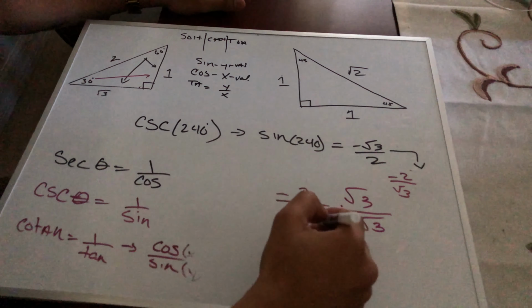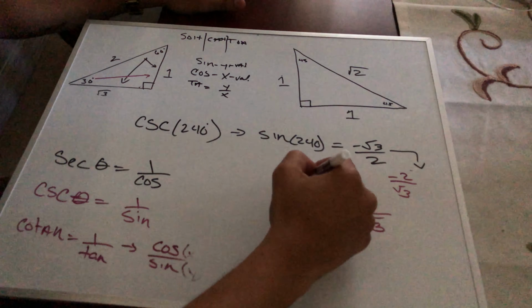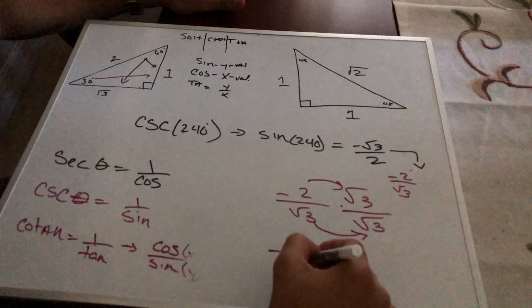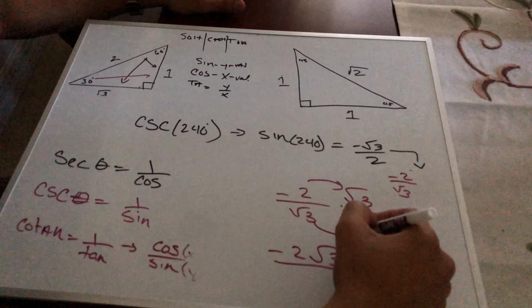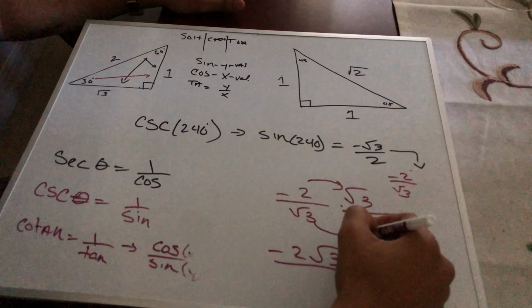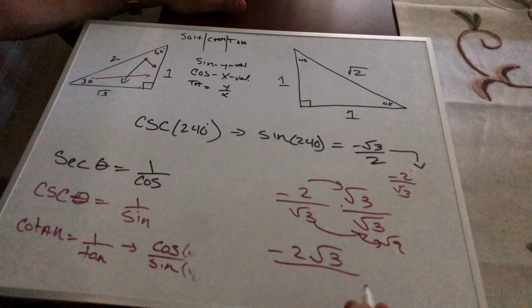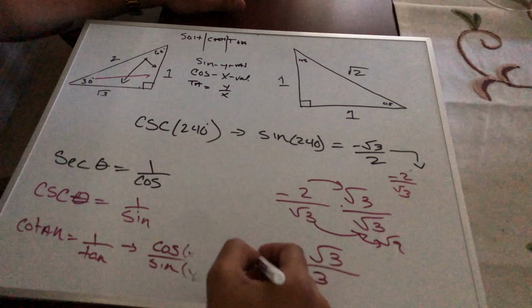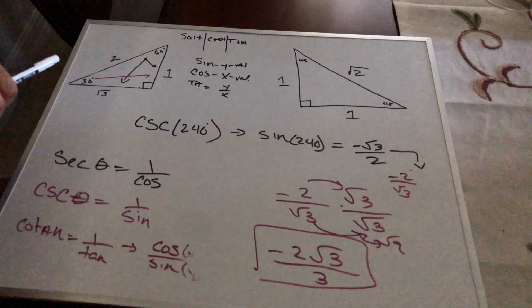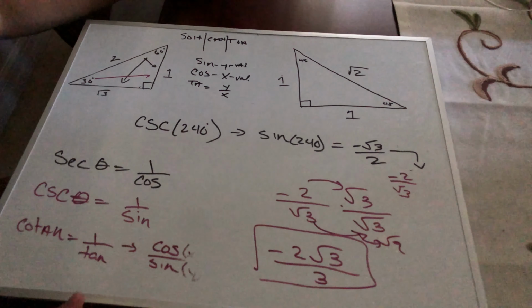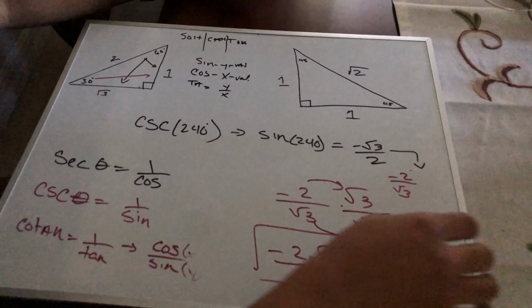Now these become the square root of 9, and you just multiply the top, so you get negative 2 square root of 3 over the square root of 9. Now square root of 9 is what? 3. So your final answer should be negative 2 square root of 3 over 3. That is your final answer for cosecant of 240 degrees.